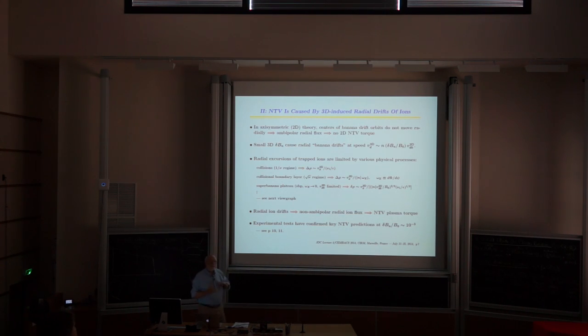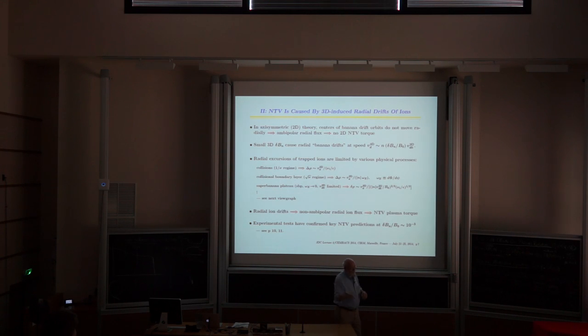But now, if we add a three-dimensional field, an extra field, where it turns is a little bit different. And so what happens is the center of this banana walks out or in, depending upon what phase you are relative to the toroidal magnetic field. So we call that a banana drift.